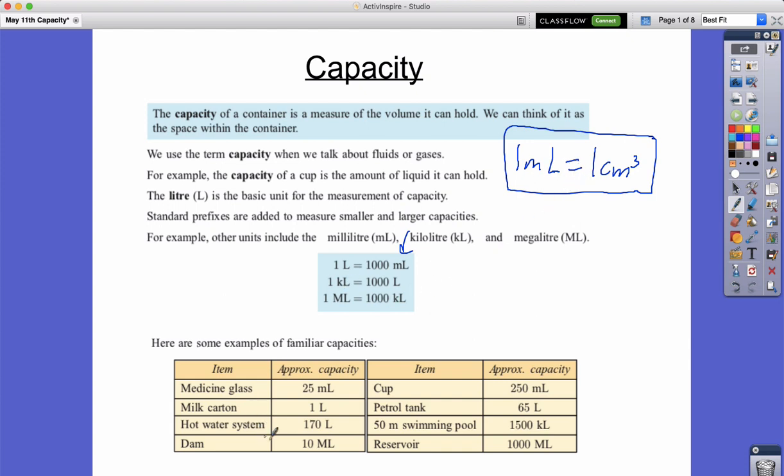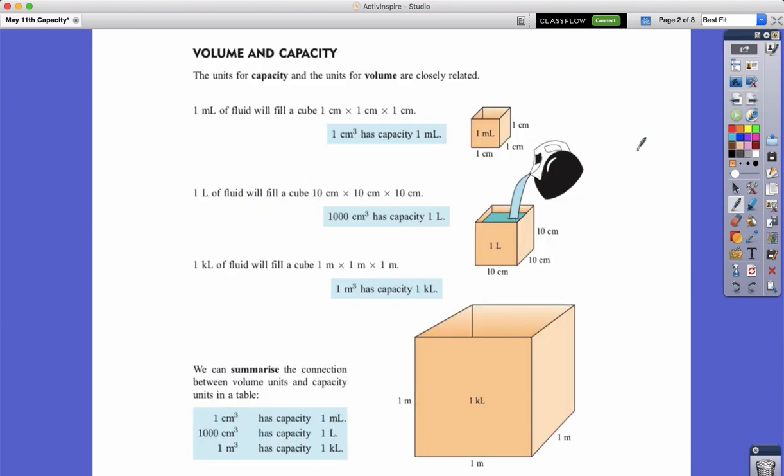Here's some examples. This is a megaliter, so that's a lot of liters. That's like 1,000,000 liters. Things like dams, reservoirs, and lakes are measured in things like that. Here's a visual representation. If you've got a 1 centimeter by 1 centimeter by 1 centimeter box, that's 1 milliliter.